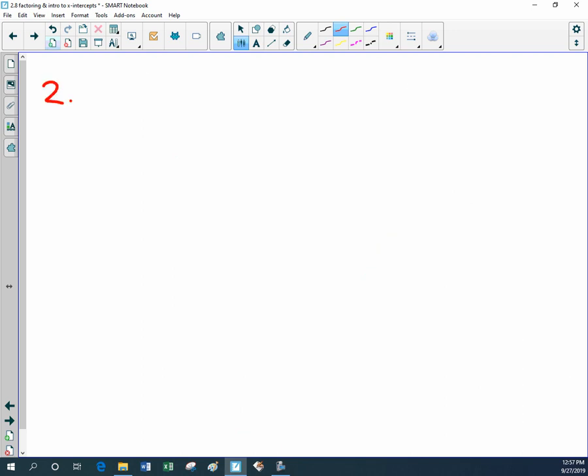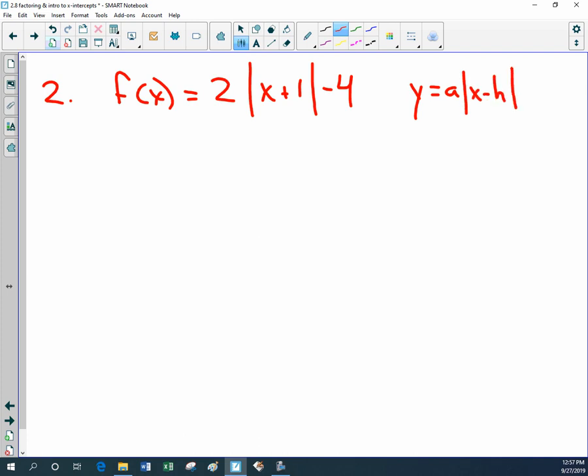Problem number 2, we are given this problem. And this is what shape? This is a V. So absolute value. Here's the general form of absolute value.